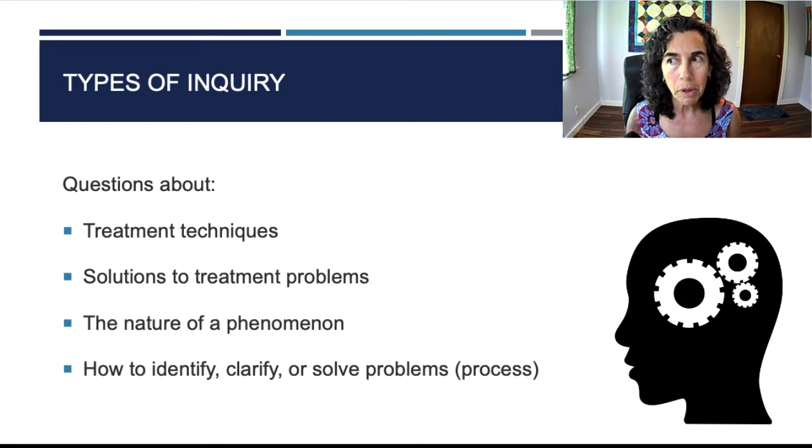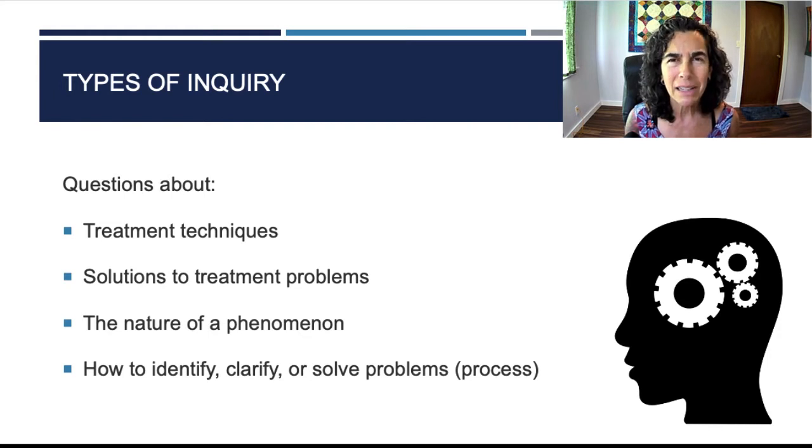So some people are not going to come up with treatment problems, but more so issues that affect a particular community or culture. I've had students do research projects on things like why do Latinx populations in the Western United States not access occupational therapy services as much as Caucasian folks.